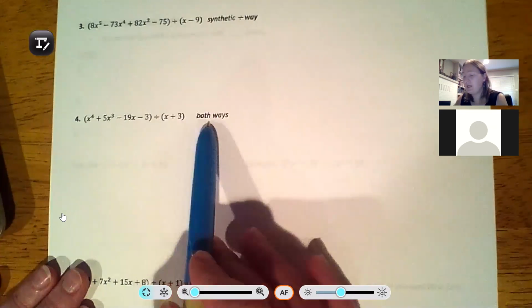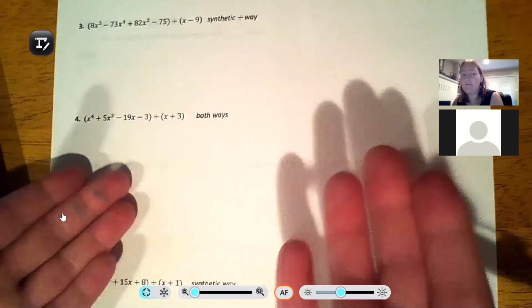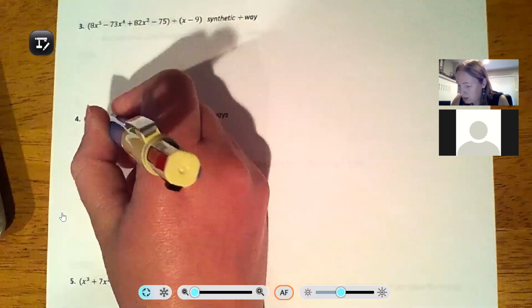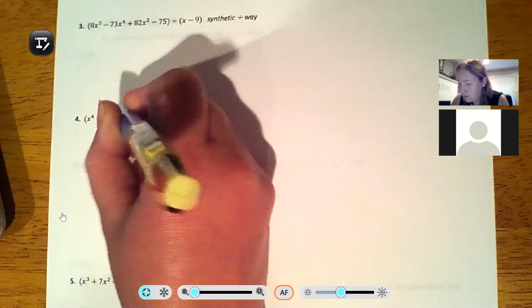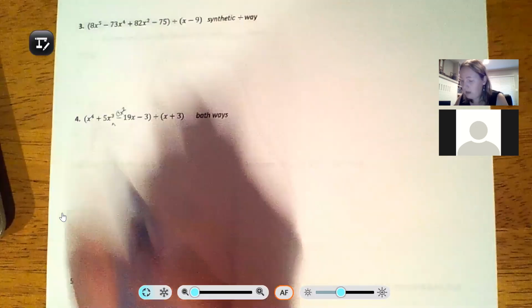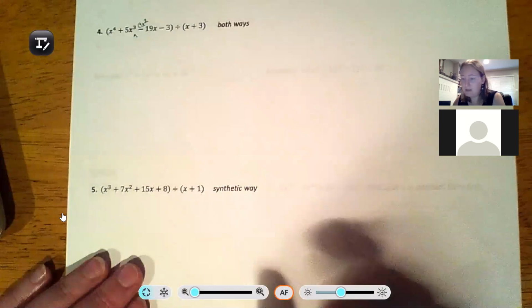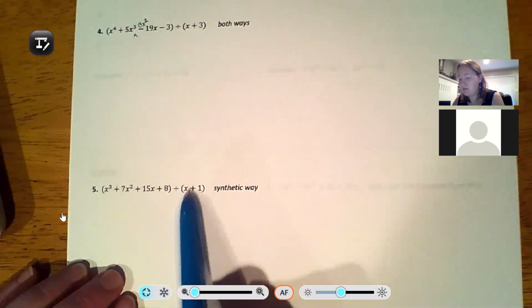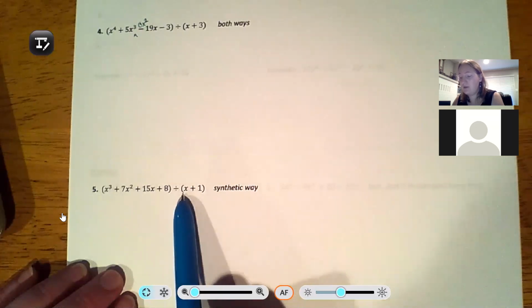And I say both ways on here just so that you can compare the fact that you get the same answer regardless of the method. And on this one, you would also need to put in a 0x squared. And then the last one, it can again be done either way, but it can be done with synthetic because it's 1x to the first. That's a number.